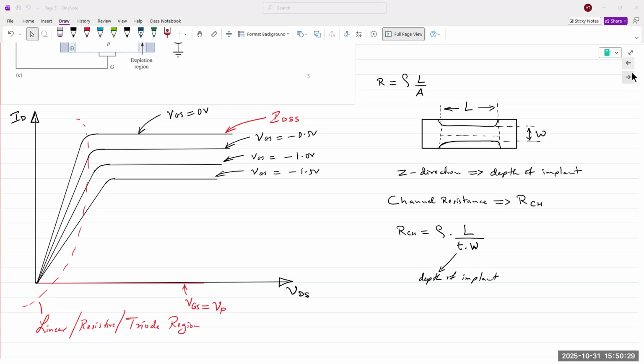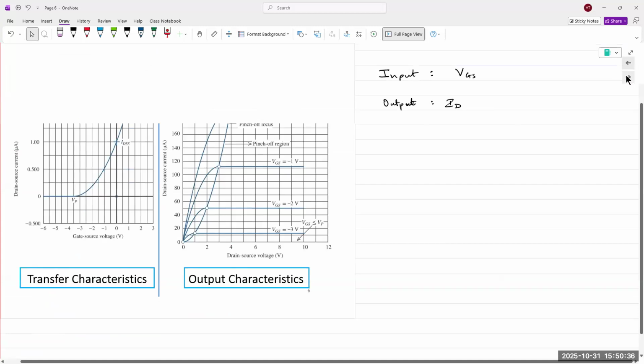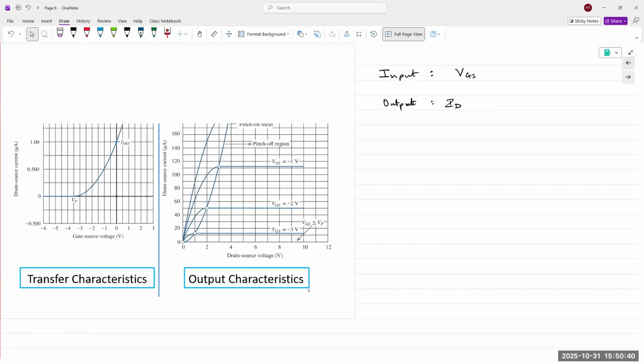All right, then let's look at the device characteristics. Again, you'll be familiar from the lab. We have the output characteristics on the right, and the input or transfer characteristics on the left.